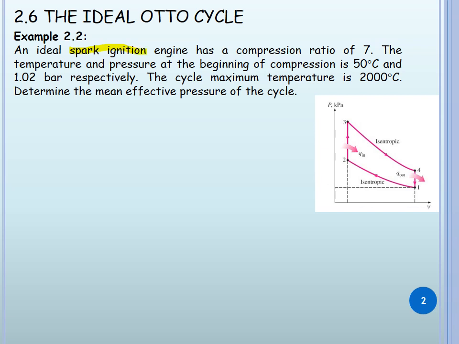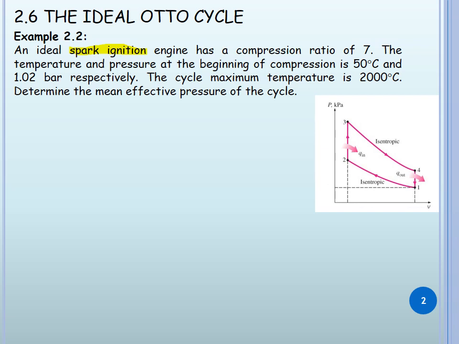An ideal spark ignition engine. It means that the Otto cycle is not necessarily named in the questions. They can use another term, such as spark ignition engine, to replace the word Otto cycle.